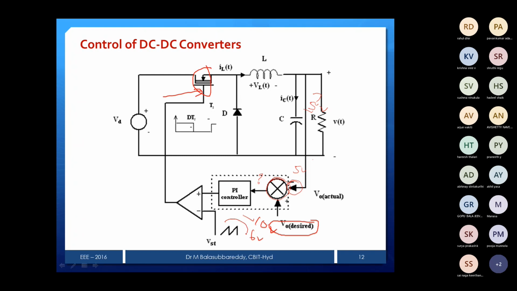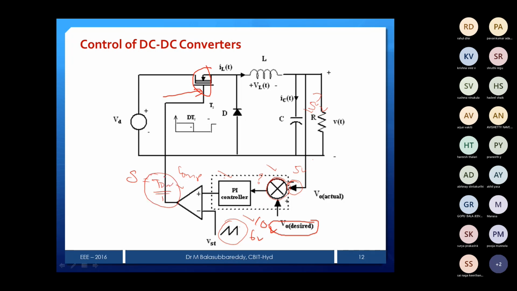Then we use a sawtooth waveform to compare. This is a comparator, so we have the error amplifier, then the PI controller, and the comparator. The comparator compares the error signal with the sawtooth signal and generates the firing pulse, or rather the duty ratio, T on by T.